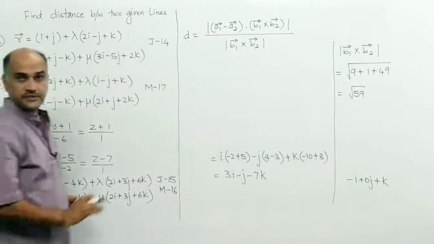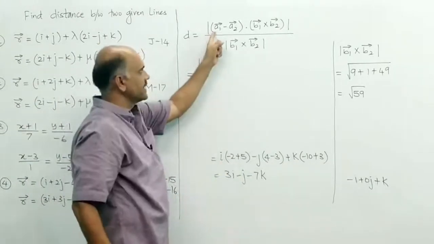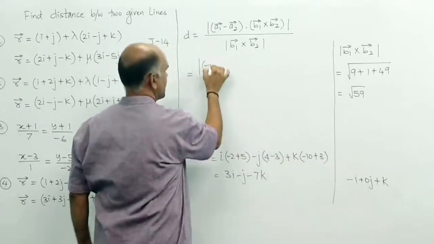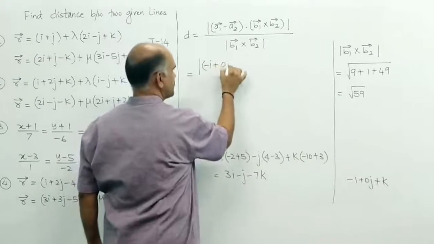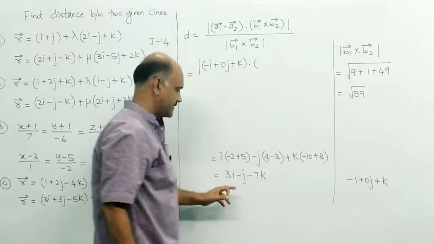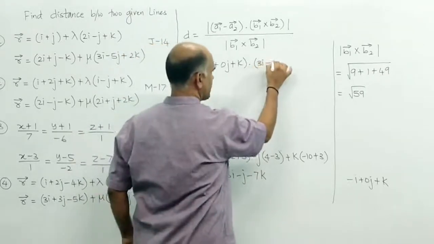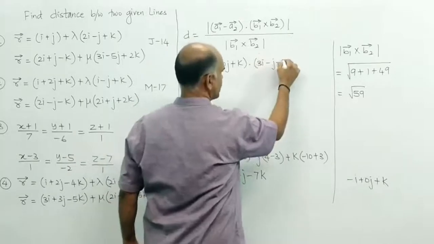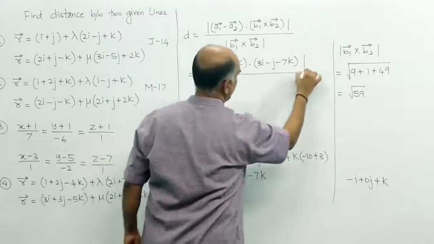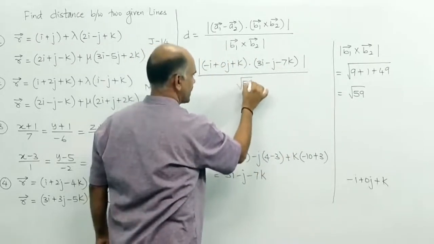Now substitute the values. So this is equal to mod of a1 minus a2, which I have noted down over here, that is minus i plus 0j plus k, dot b1 cross b2, which is over here, 3i minus j minus 7k, divided by the magnitude of b1 cross b2, which is root 59.